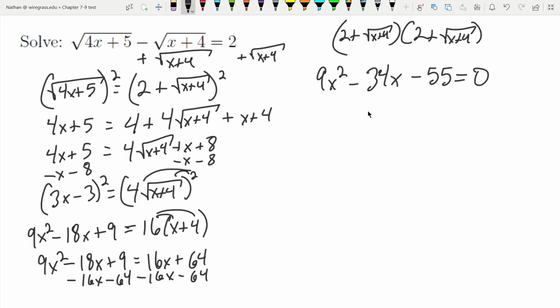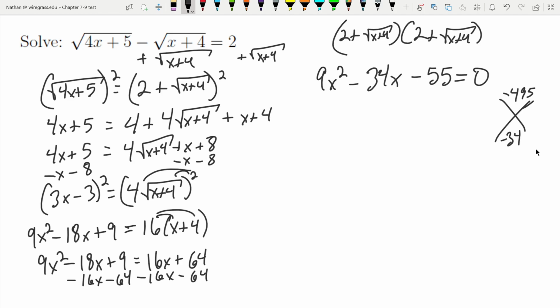Okay, we need to use the AC method on this, and A times C is 9 times negative 55. Doing that on a calculator, it's going to be negative 495. And then we have negative 34 here.